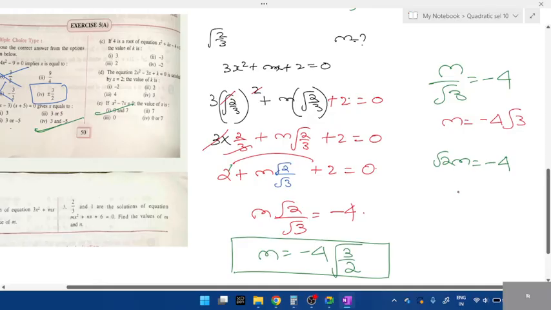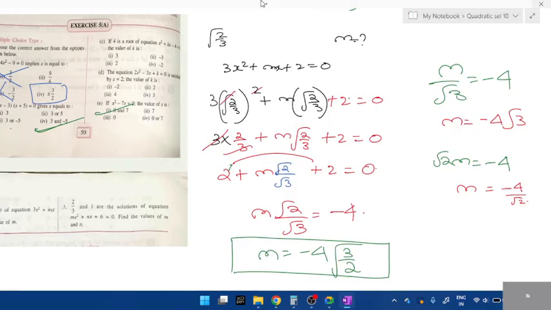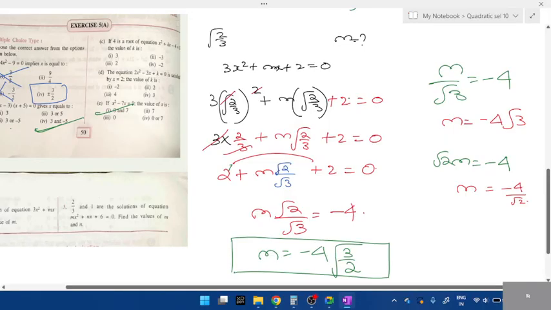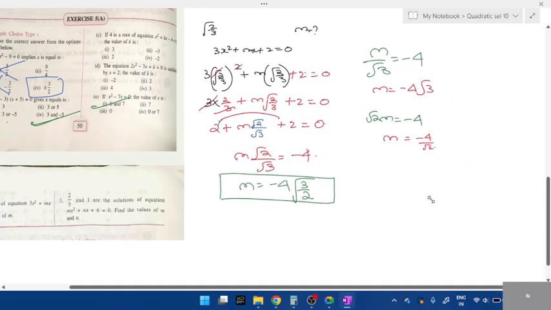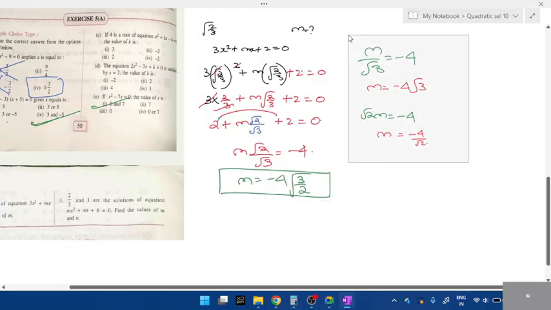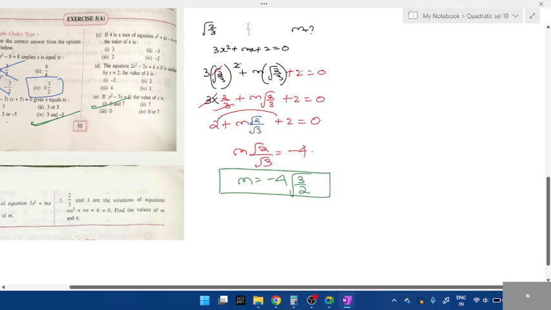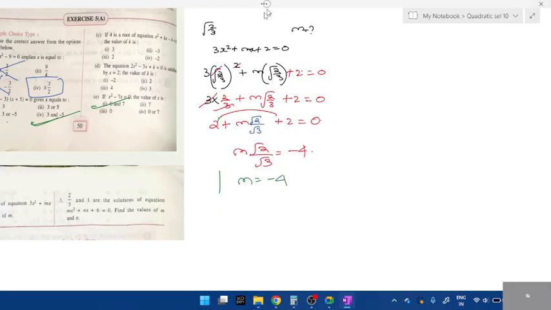Multiply. And here, if you want to find what happens to √2, is this the answer or something else? Is it simplified? Right. In textbook, is this the answer given? Or they've simplified? Okay, fine. Look here, let me simplify.